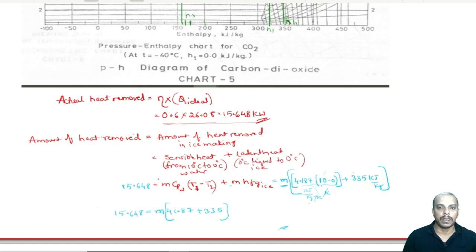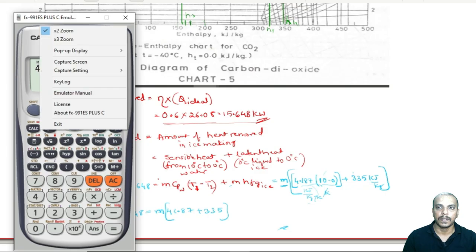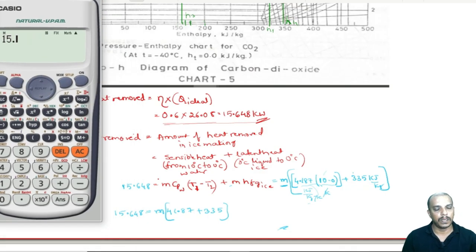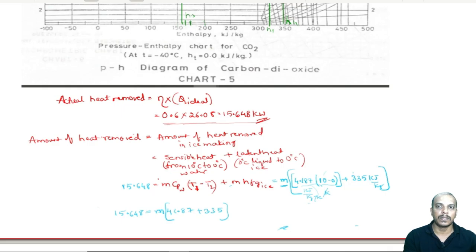This must be equal to 15.648. So now let us solve this equation straight: the unknown is mass, times (41.87 plus 335) equals 15.648. That gives 0.0415 kg per second.